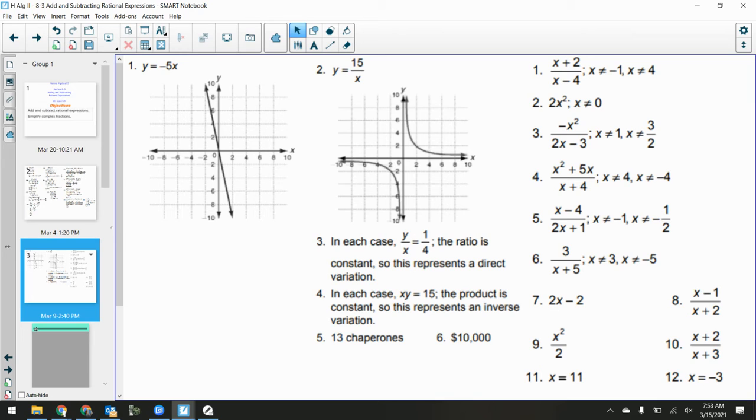So x minus 1 is equal to 4 times the whole denominator, x plus 2, which is 4x plus 8. I'll subtract the x. So -1 is equal to 3x plus 8. Subtract the 8, -9 is equal to 3x. So -3 is equal to x.